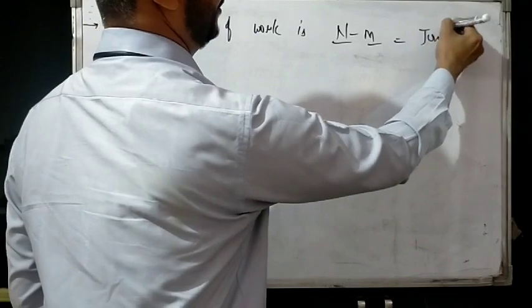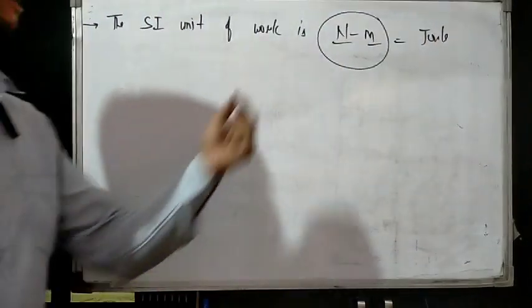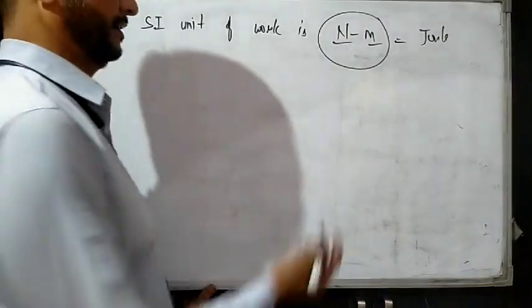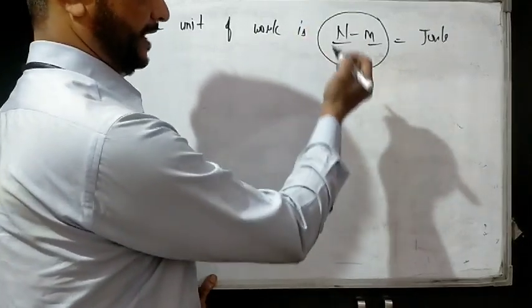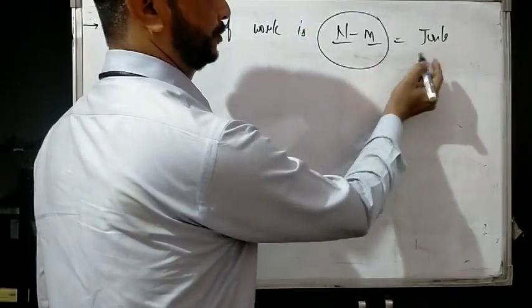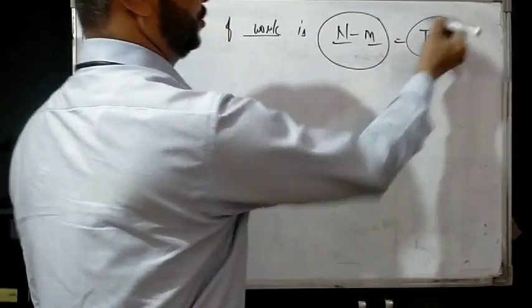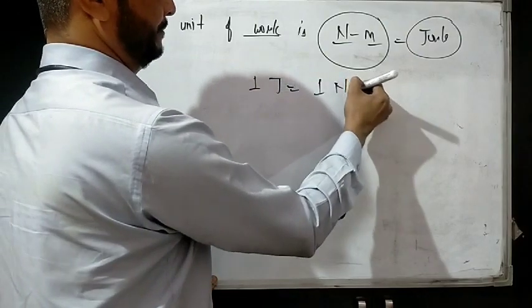My dear children, always remember that Newton meter is the SI unit of torque. By international convention, the SI unit of work is always written as Joule. So 1 Joule is equal to 1 Newton meter.